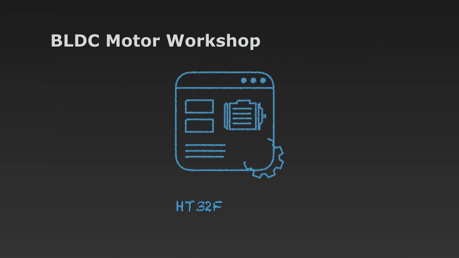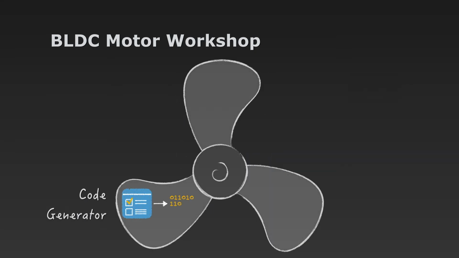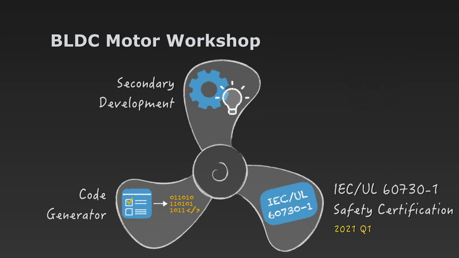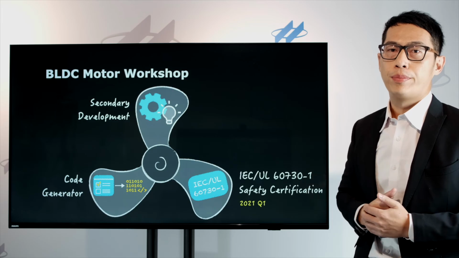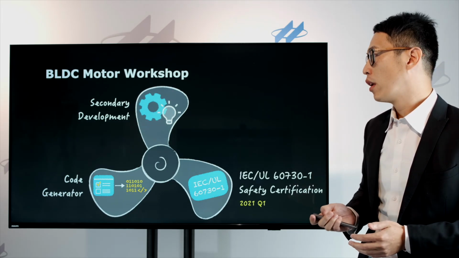And this workshop is for the HT32F series, and what can it do? It can do the code generator, and we can use the code to do the secondary development. And Holtek is applying for the safety certification, IEC UL 60730-1, and it will be approved in 2021 Q1.